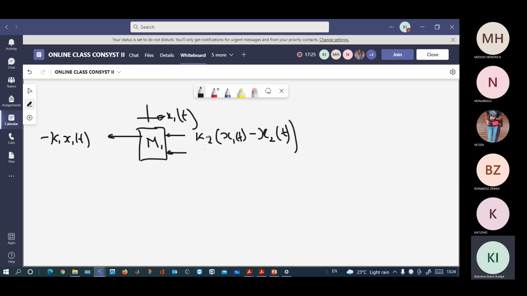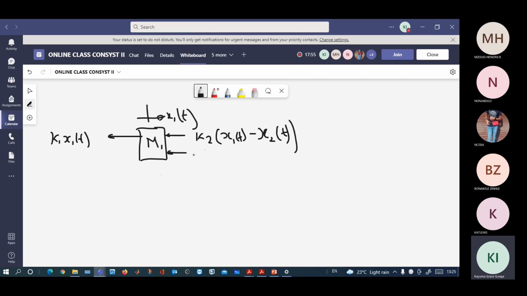We know that this force here is the force coming from this side, so the displacement times the spring coefficient. Okay, all of them are negative. Let me just remove this sign; I'm going to put the sign on the equation. So this force, K2 times this one, is the other force for the second mass that we are deducting. We are subtracting.